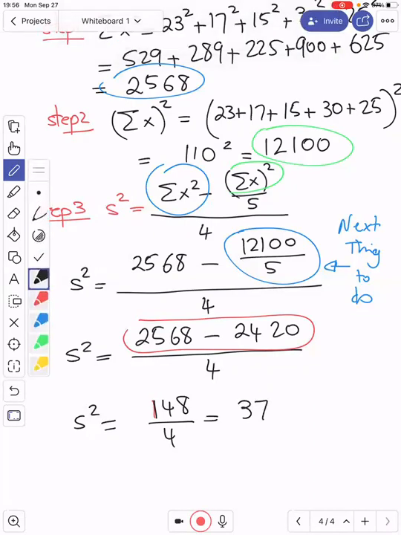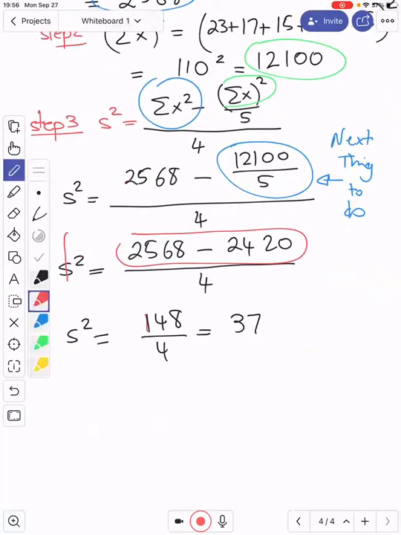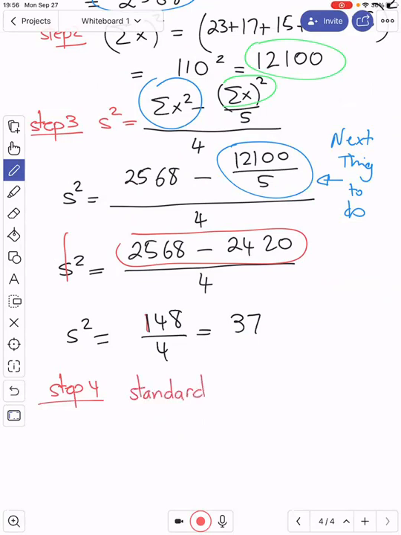And finally, we're going to get our standard deviation. So then that will be step number 4. The standard deviation S is just the square root of this S squared.